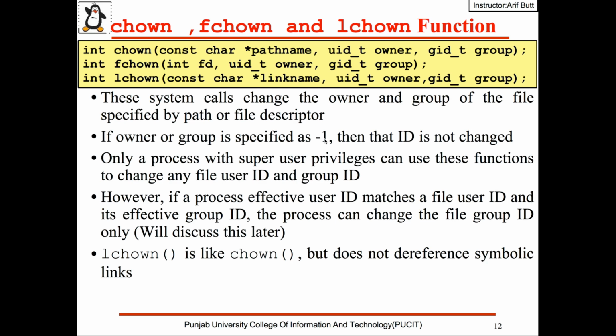And remember, only a process with super user privileges can use these functions to change any file's user ID and group. We'll talk about the effective user IDs sometime later when we talk about processes. So lchown is similar to chown, but it does not dereference symbolic links.